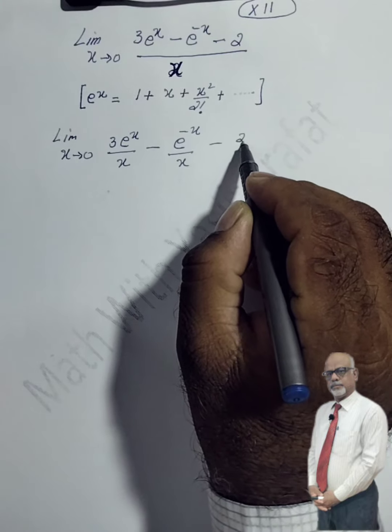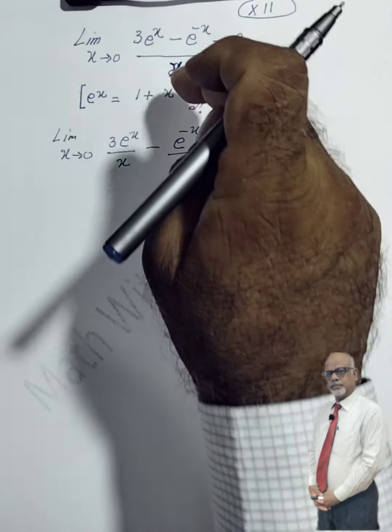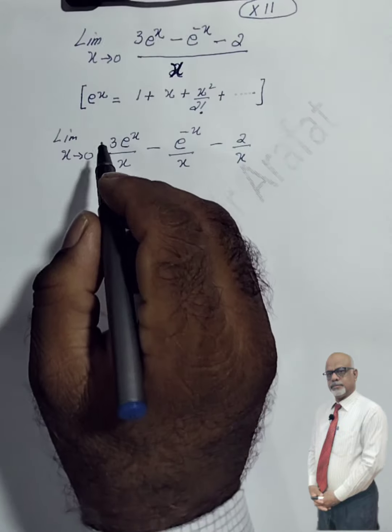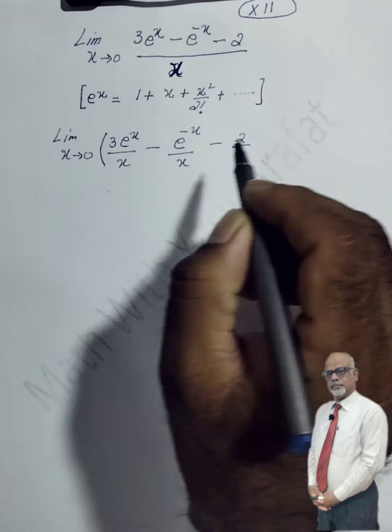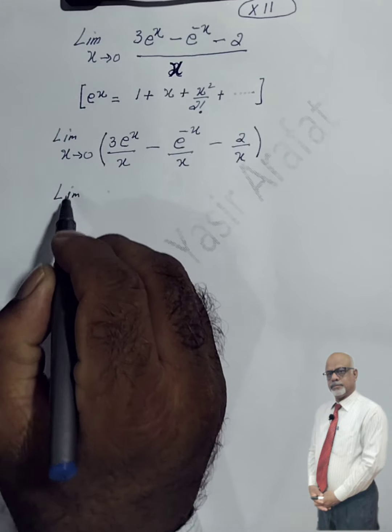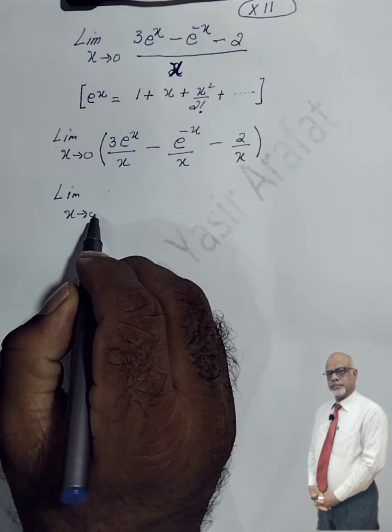Minus 2 over x. We have to break the LCM here. Now here we have to do some arrangements.